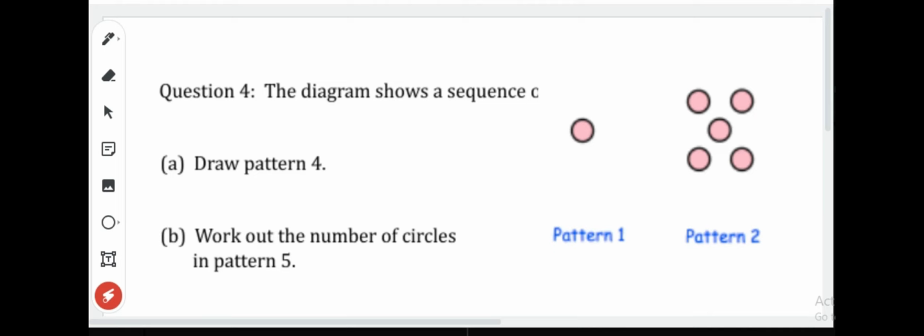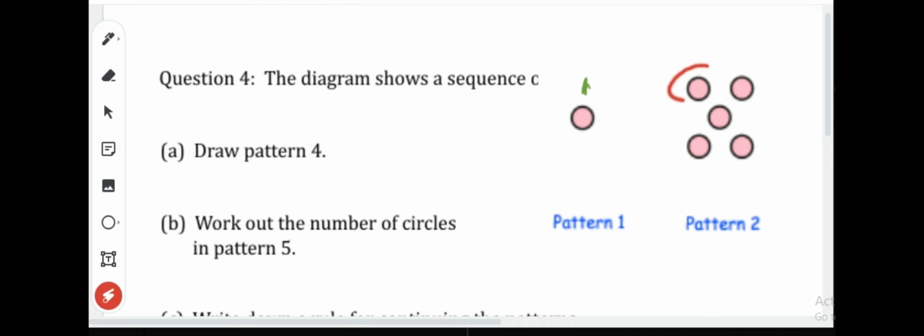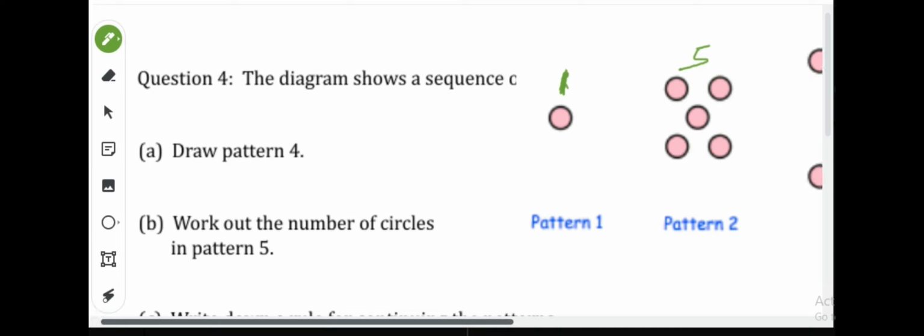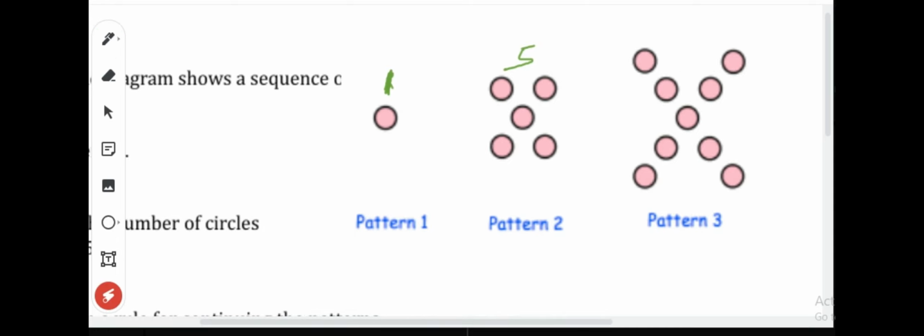This one says the diagram shows a sequence. This one is 1. This is 1 2 3 4 5. This one is 5. As for pattern 2, pattern 3 is 1 2 3 4 5 6 7 8 9. This is 9.